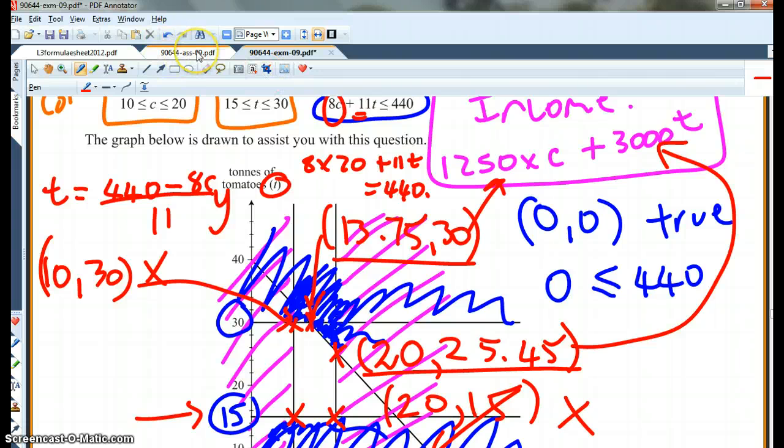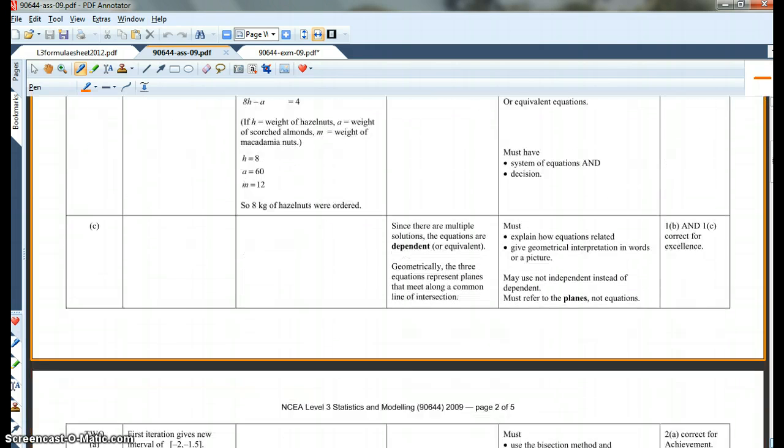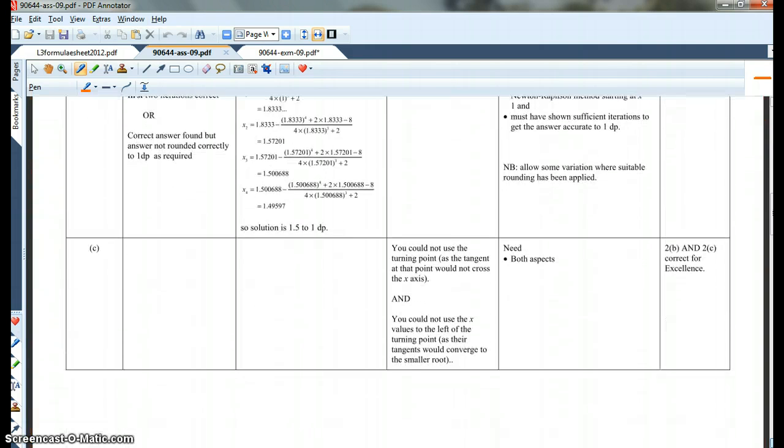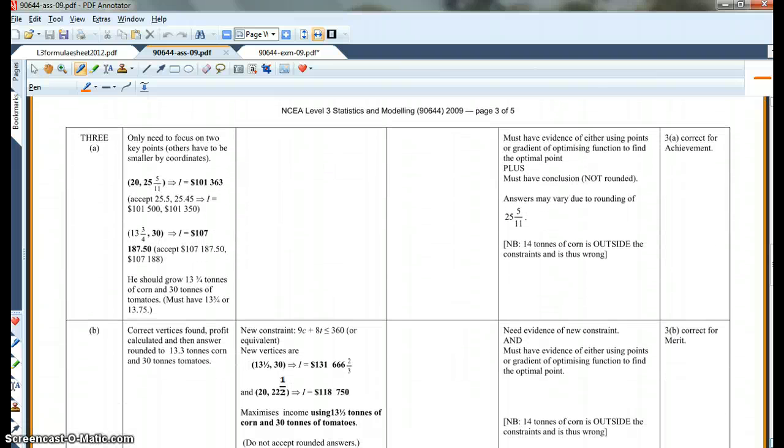So let's just check our answer scheme. We're going down to question 3. And so we had the point 20, 25, and we had 13.75, 30. And we plugged them both in, so those are the values we should get, and then you need to have a statement.